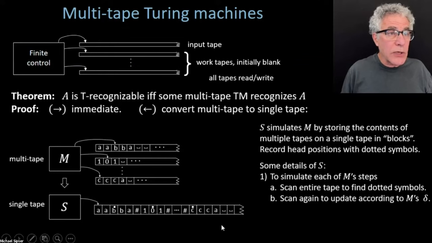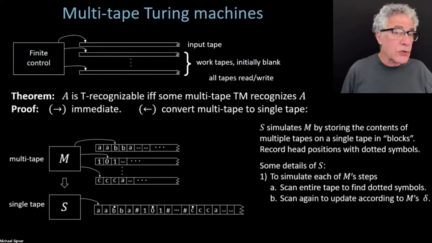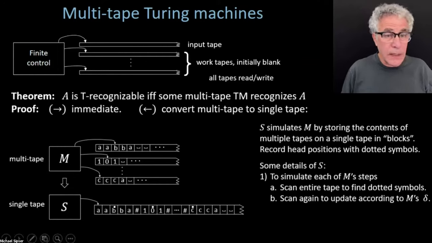It has to see what's underneath each one of those heads to update its state to the next state. And then it has to scan again to change the contents of those tape locations, and also to move the head left or right, effectively moving the dot left or right. So that's pretty straightforward.